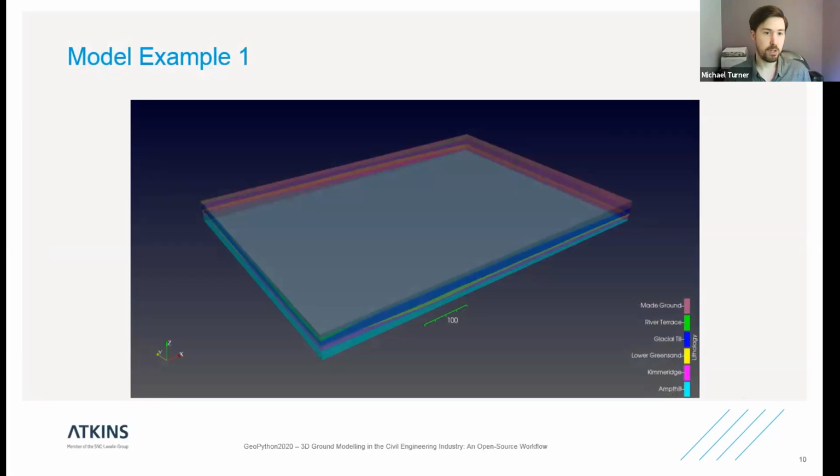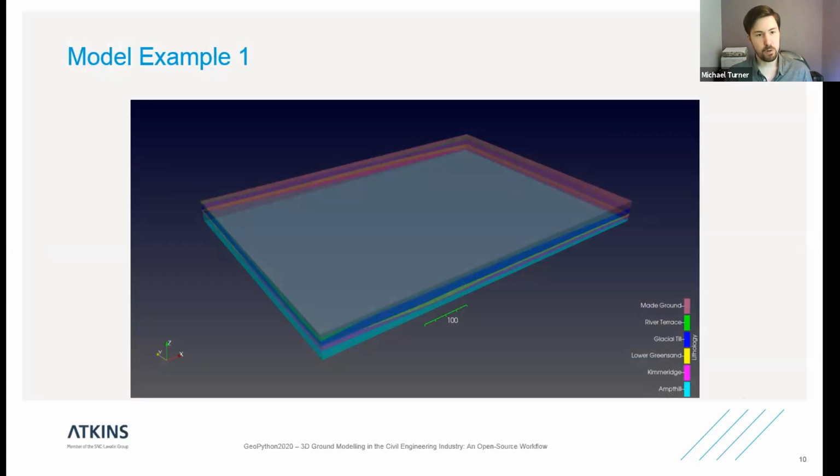So this is the first of our test models. It's output in VTK and viewed in ParaView here. Now the first thing that you notice is that it's a cuboid, which might make sense if you're modeling a volume of ground below the surface, but it doesn't make much sense for a typical engineering problem at the ground surface.